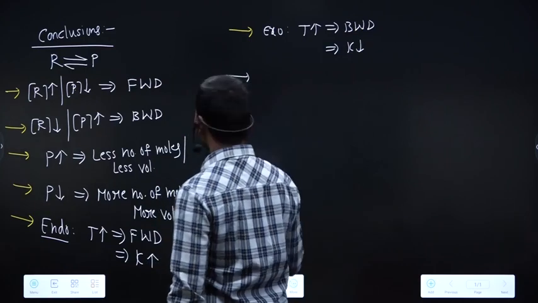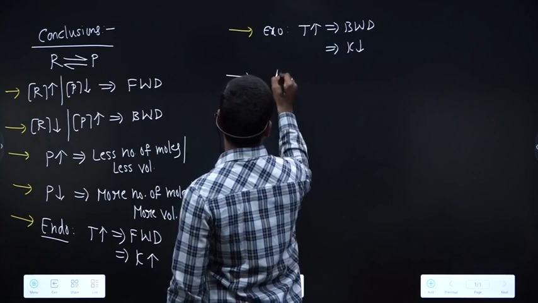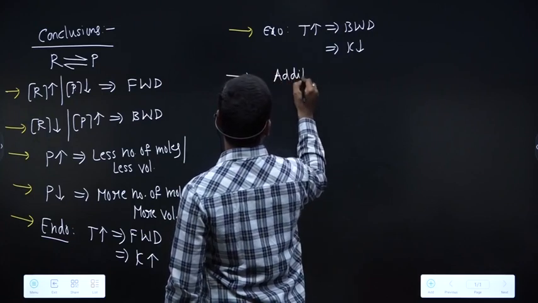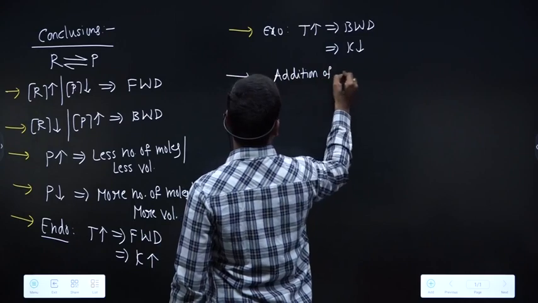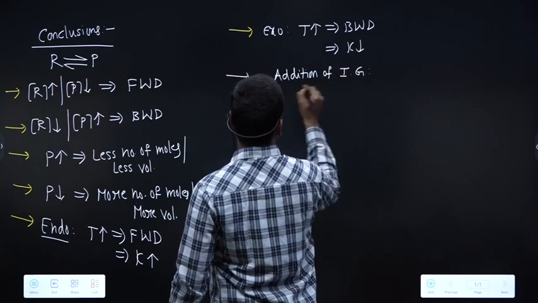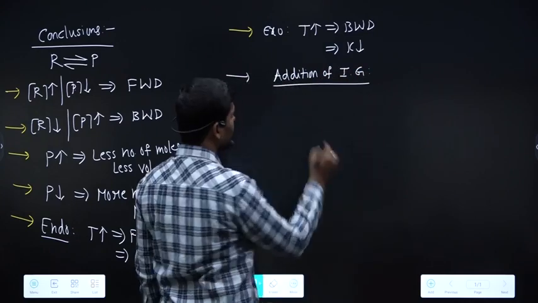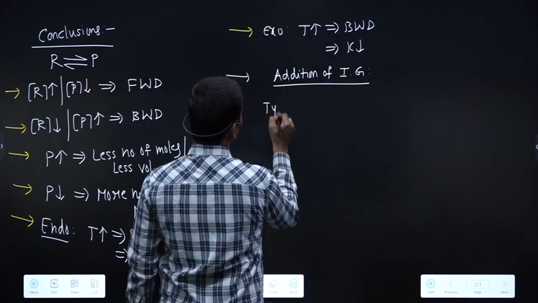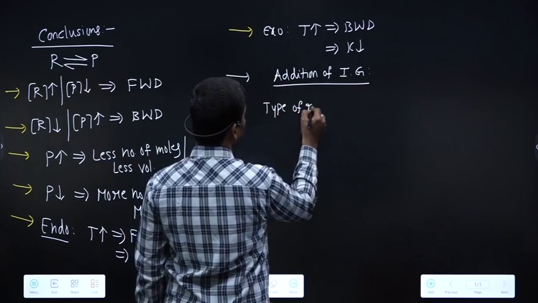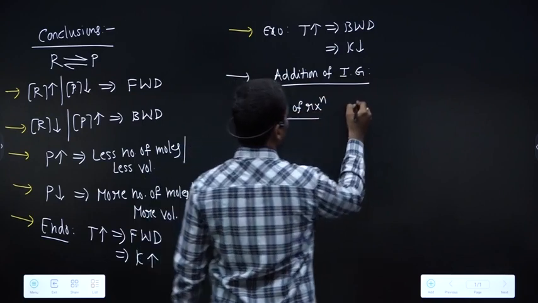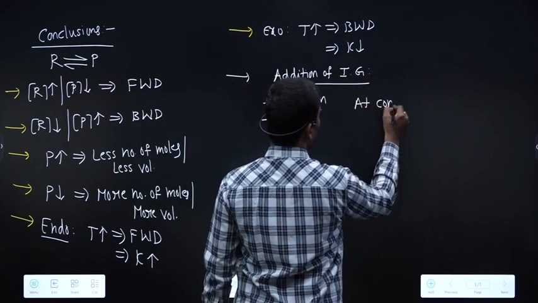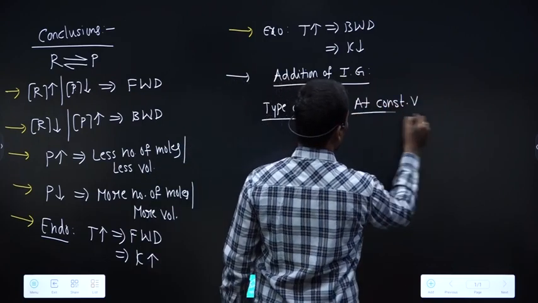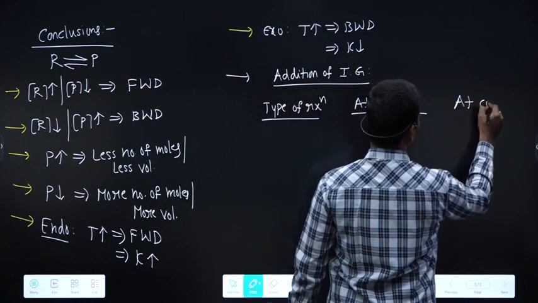Next, addition of inert gas. In this we have two cases, which I am giving in the form of a table: type of reaction, at constant volume, and at constant pressure.